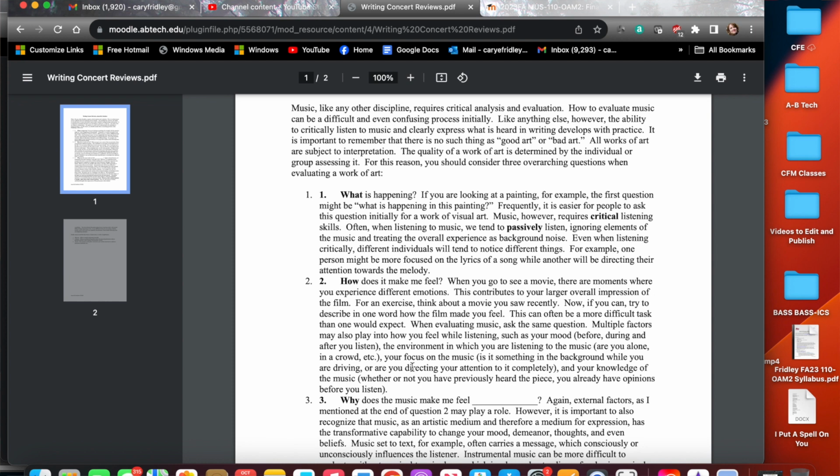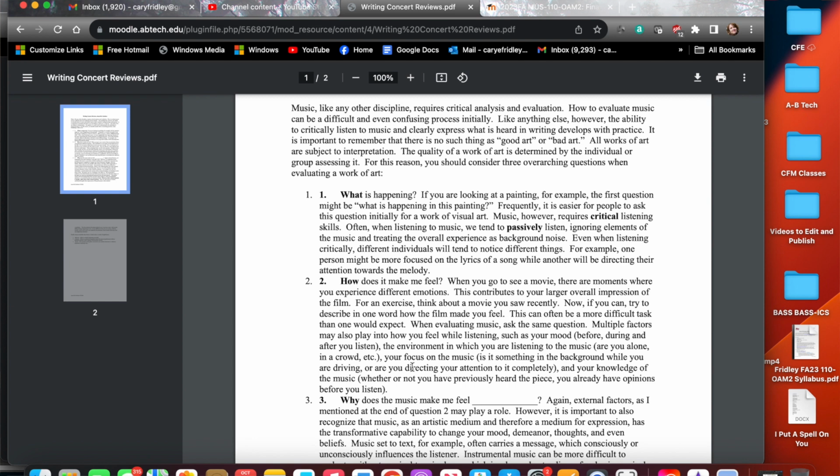Number 1, what is happening? If you are looking at a painting, for example, the first question might be, what is happening in this painting? Frequently, it is easier for people to ask this question initially for a work of visual art. Music, however, requires critical listening skills.